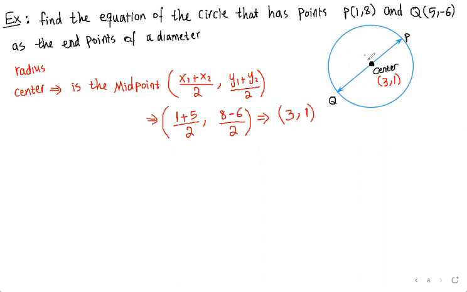The radius is the distance from here to here, or from here to here. How can I find the radius? By using the formula from the previous section. So I get the center. What's the radius? By the way, the radius is distance.